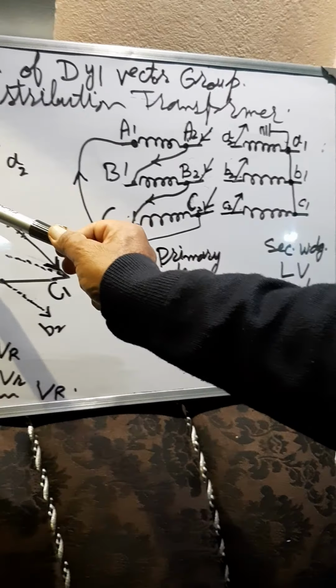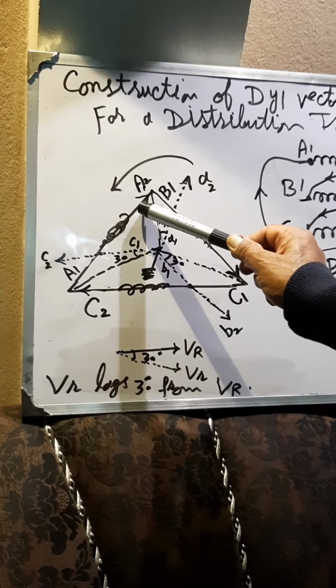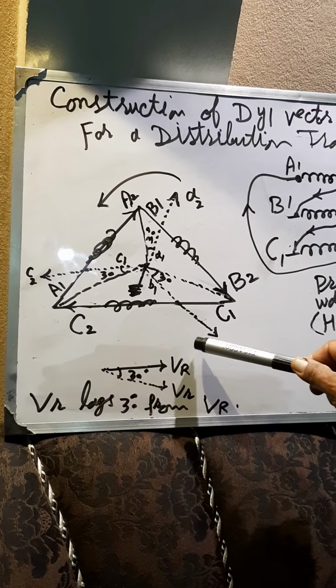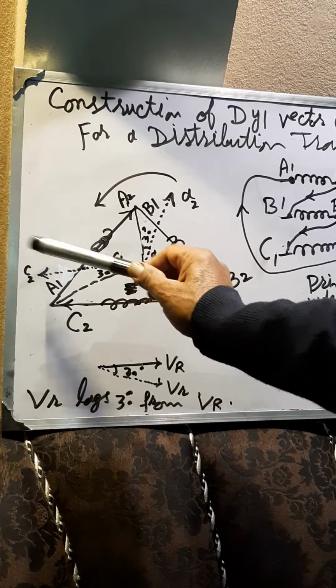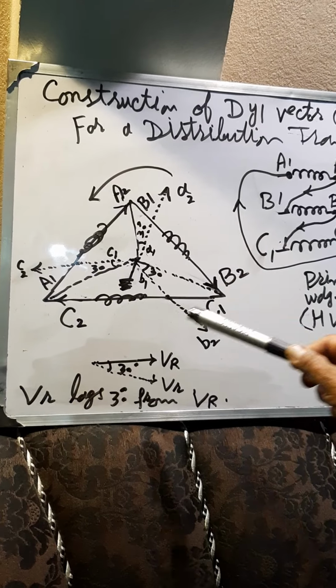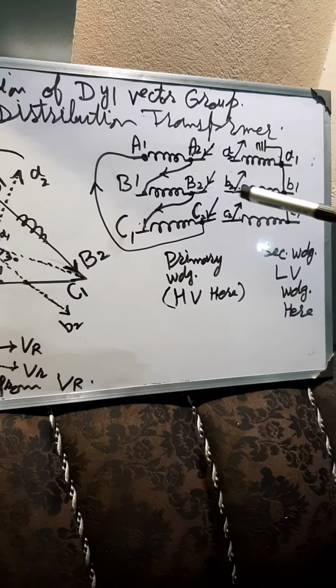On this basis, I can see that this is the direction of A2, this is the direction of B2, this B2 and B2 parallel, this C2 and C2 parallel. So I shall connect them here.